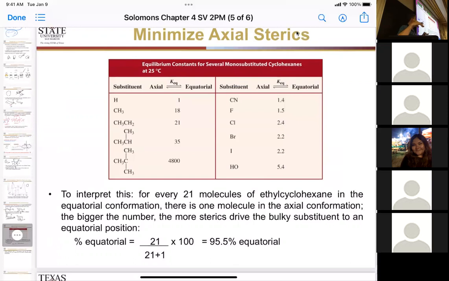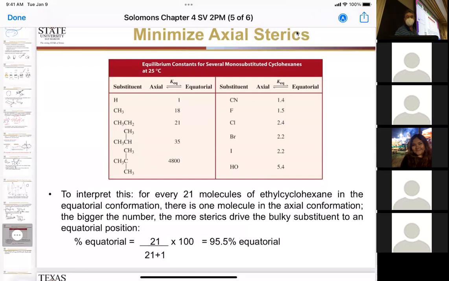They are perfectly staggered configuration, 109.5 degrees. So for every one that spins here, it's going to spend another one here. But just by putting the methyl group on there, for every 19 molecules, 18 of them are going to have that methyl group at the equatorial position. Okay, so that's almost 20 to 1, right?